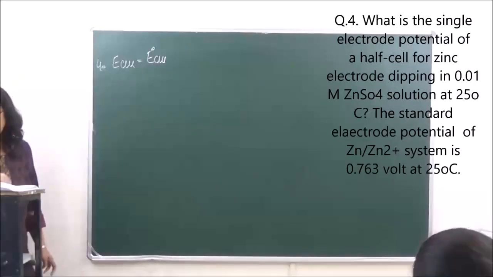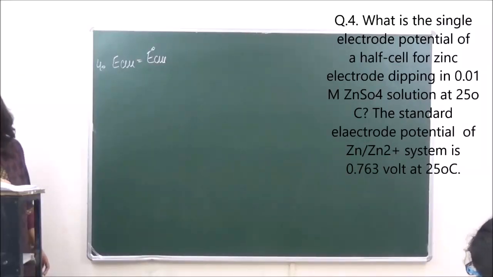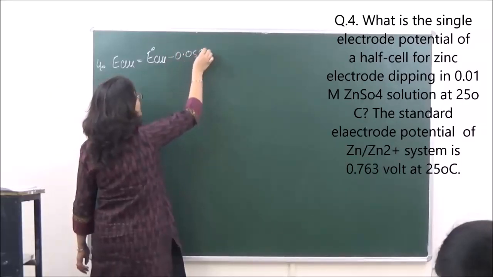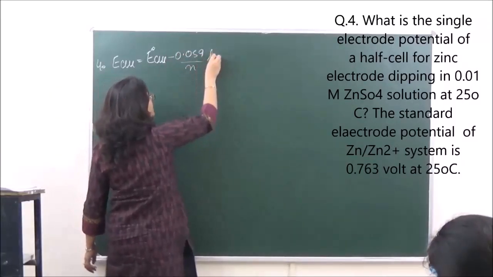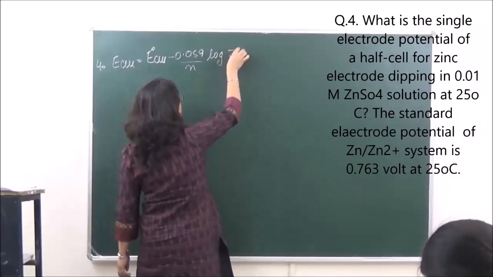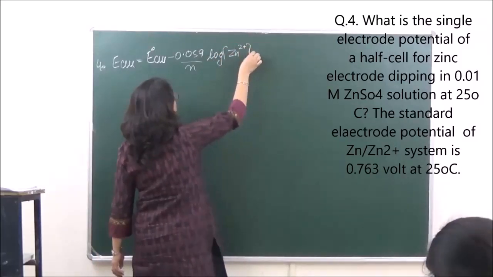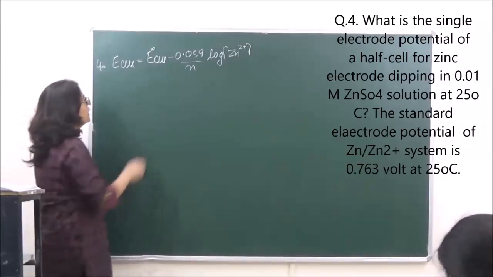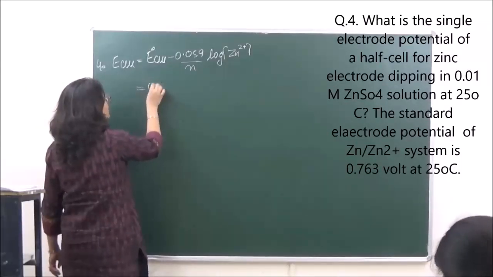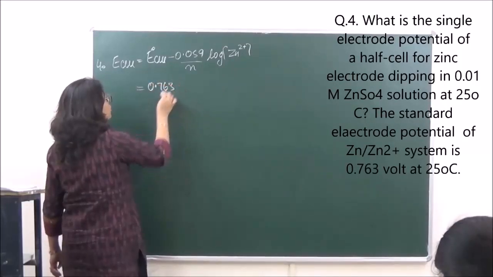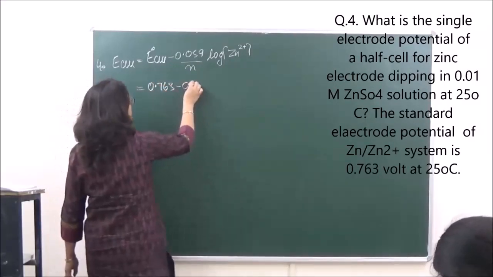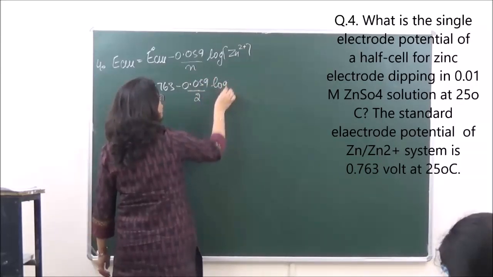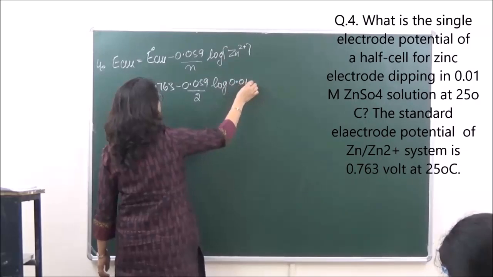E cell equals E naught cell minus 0.059 upon n log of concentration of Zn2 positive. Okay, so the value of E naught cell given to us is 0.763 minus 0.059 upon 2 log of concentration 0.01.